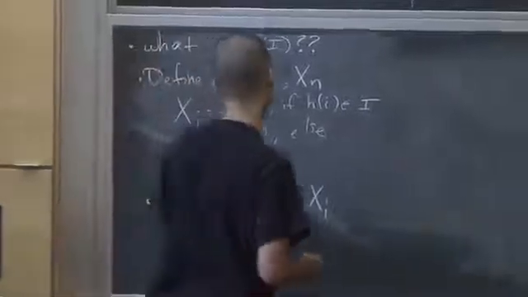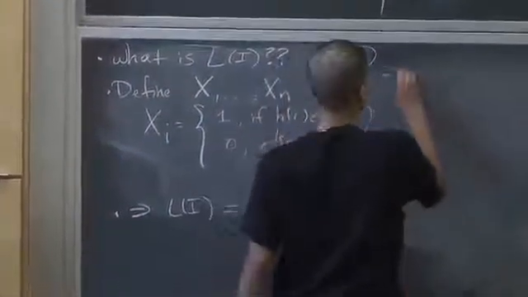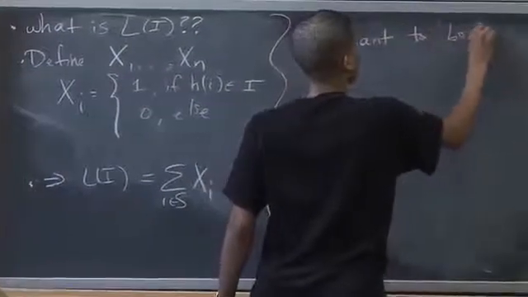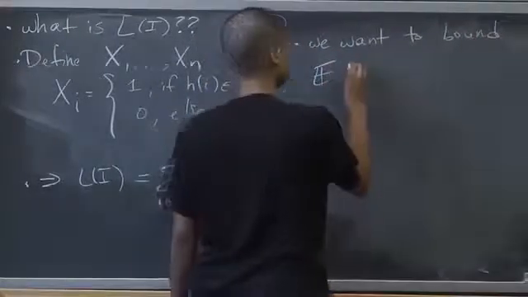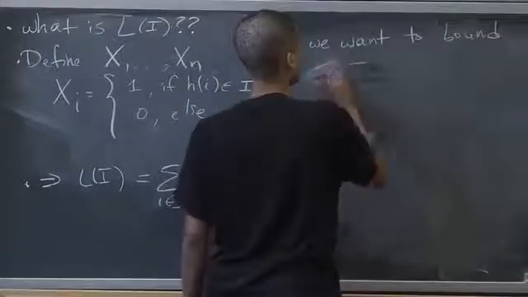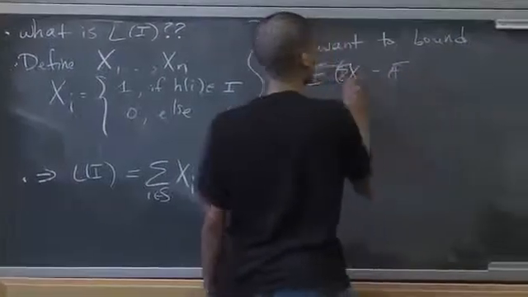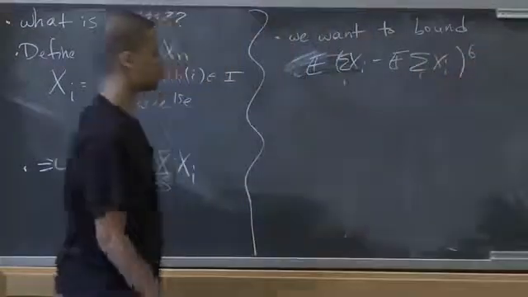So now we're looking at a deviation from the expectation. So we want to bound the expectation of the sum over i of xi minus the expectation of the sum over i of xi, to the sixth.